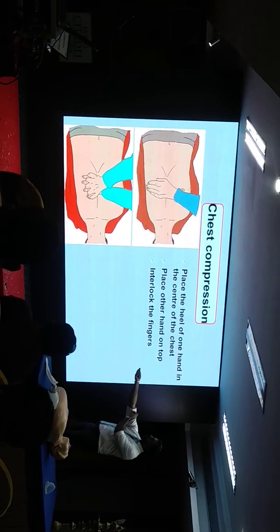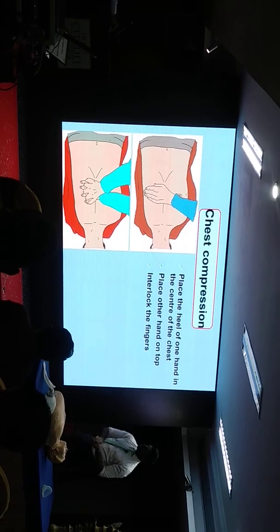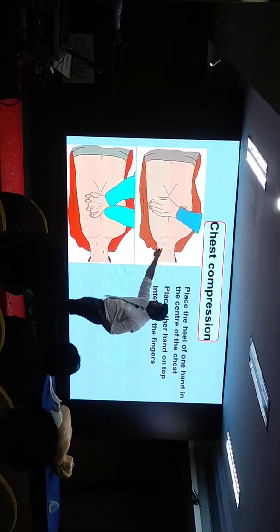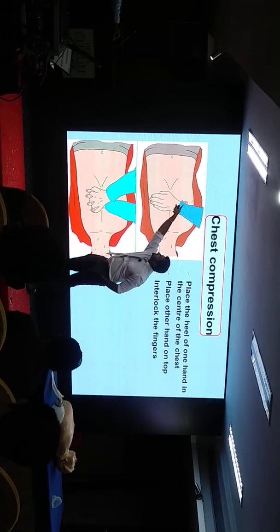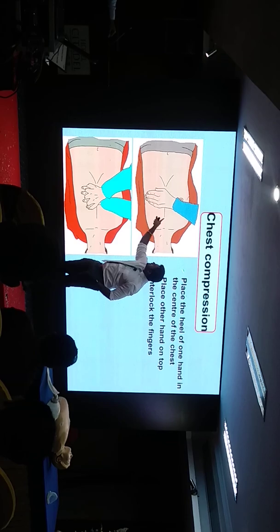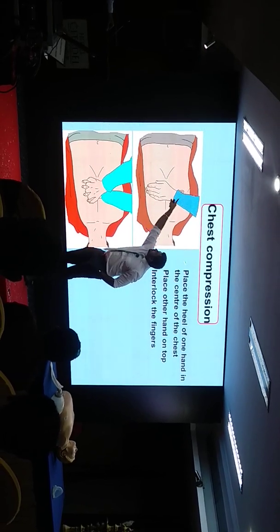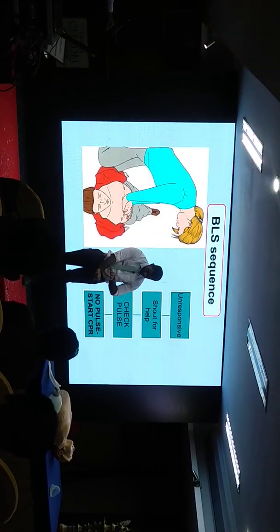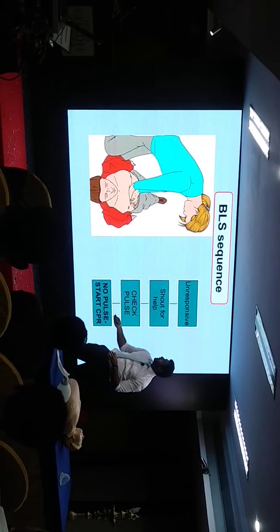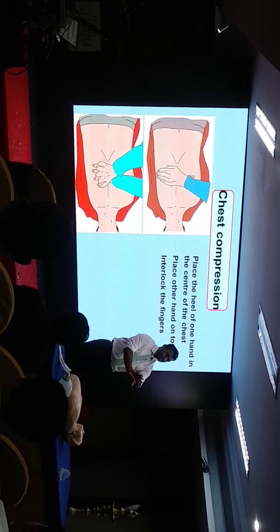So this is how you place the hand. First you keep one hand like this. Can you see it here? This part is called the chest, and between the nipples is the sternum bone. So on the lower part of the sternum bone, between the nipples, you place one hand, and you place your other hand on top of this. Interlock this.